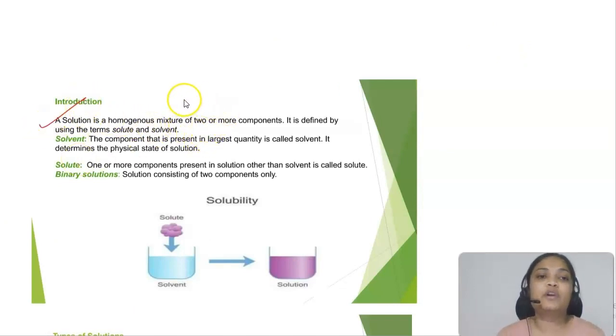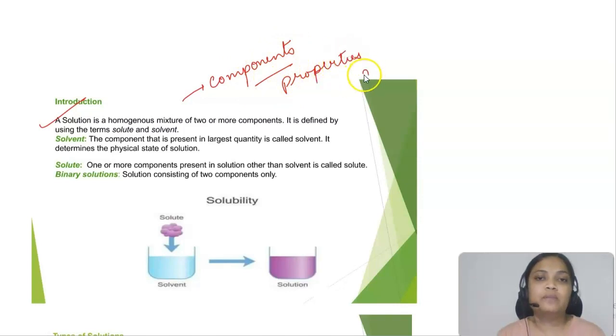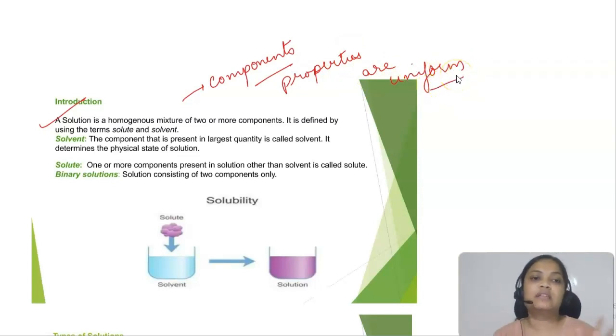It means that whatever components are present in this mixture and whatever the properties are, they are uniform. Throughout the mixture there will be constant composition and constant properties. So that's a homogeneous mixture of 2 or more components. It can be more than 2 components as well.